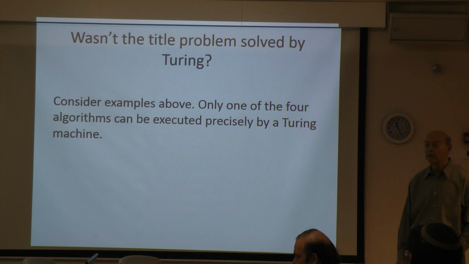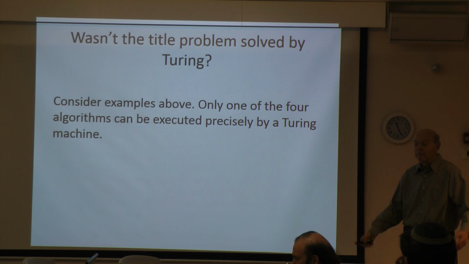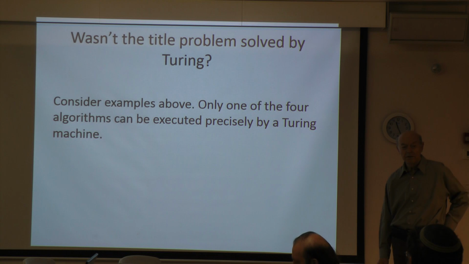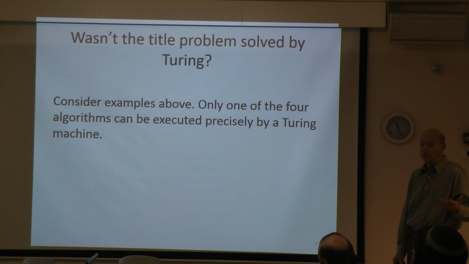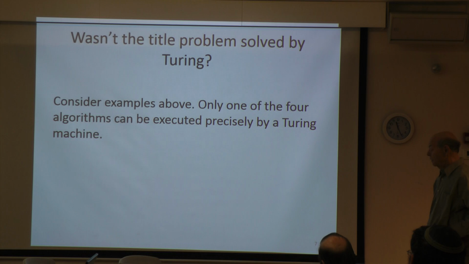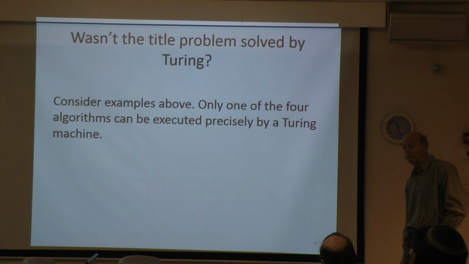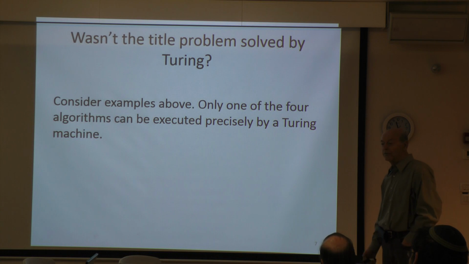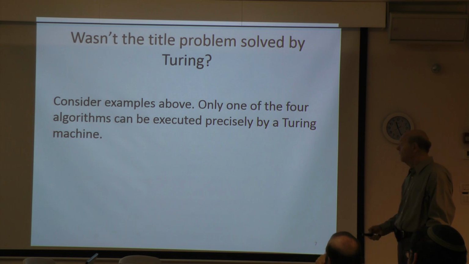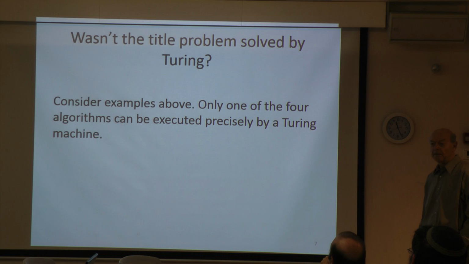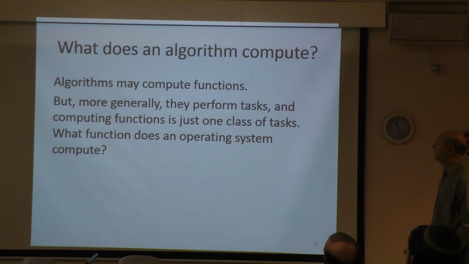If you do Euclid's algorithm on lengths, you cannot do it on a Turing machine. You cannot do those geometrical algorithms on a Turing machine, let alone continuous functions. But historically, these are certainly all well accepted as algorithms.